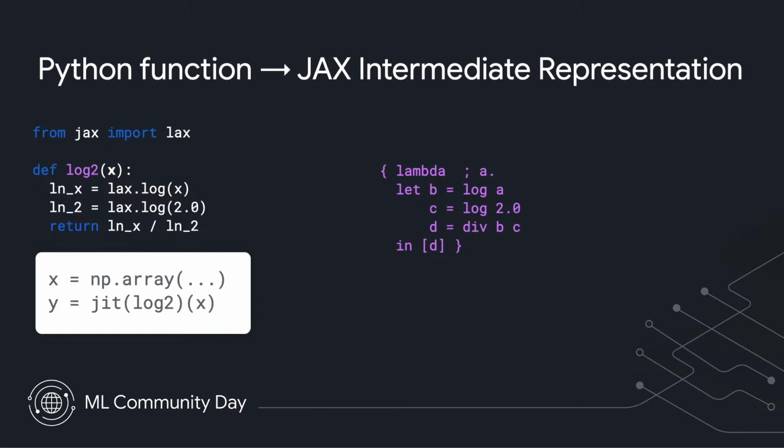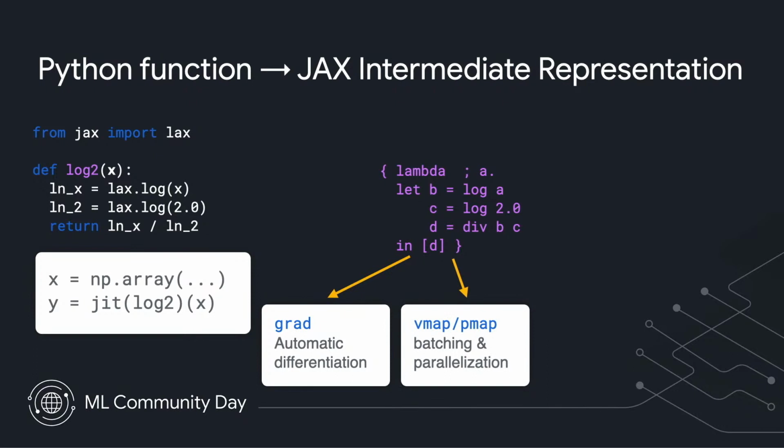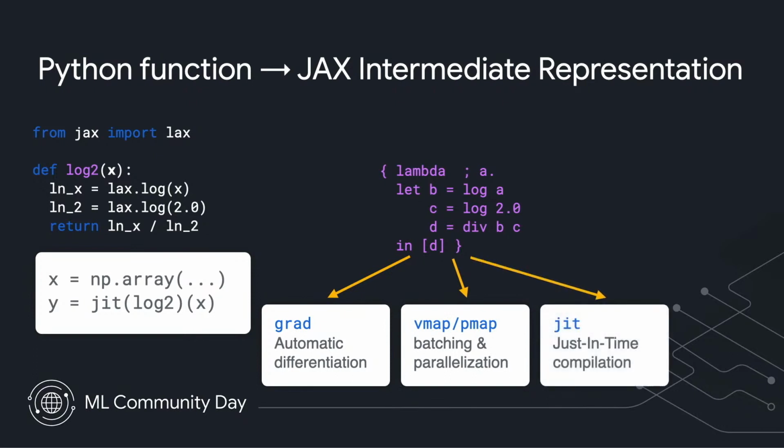And this is a well-defined intermediate representation that lets you do a number of things. JAX knows how to automatically differentiate this, knows how to vectorize and parallelize this, and it knows how to just-in-time compile this by passing this to XLA.